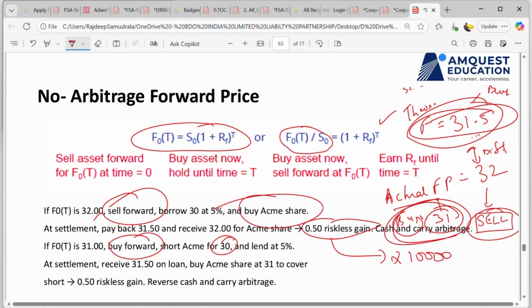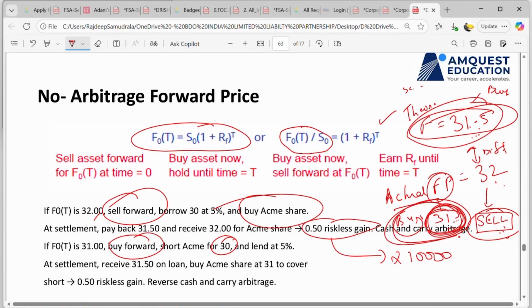So in both cases, the answer is common. Whatever is costly, sell it. Whatever is cheap, buy it. Here 32 is costly, sell it. Here 31 is cheap, buy it. Clear? But buy the forward, not the shares. Sell the forward, because it's a forward price. So buy the forward, sell the forward, and deal in the underlying separately. Clear? So this is called cash and carry.